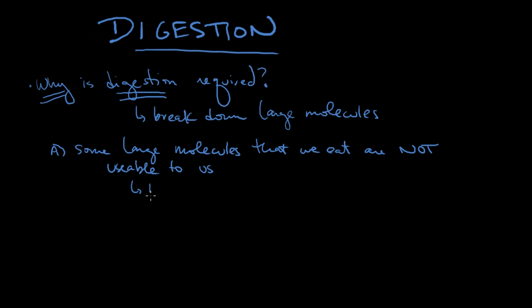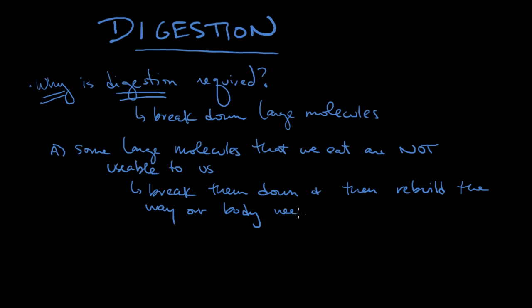So what we have to do is break them down and then rebuild them the way our body needs them. That sounds very vague, and sure, you can know that, but do you really understand that? That's a different question.